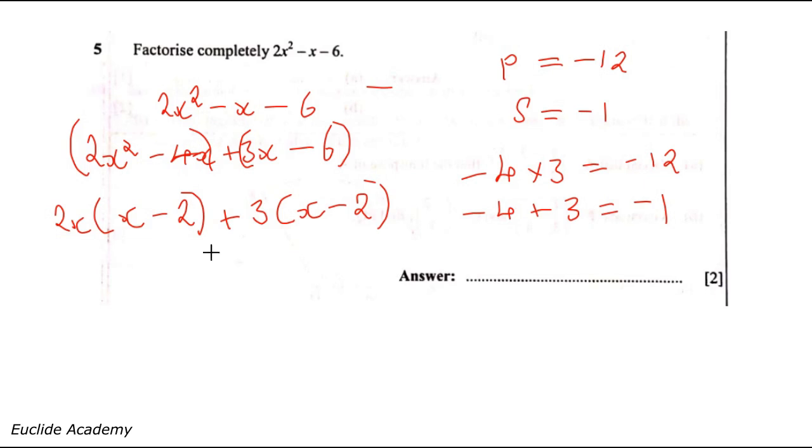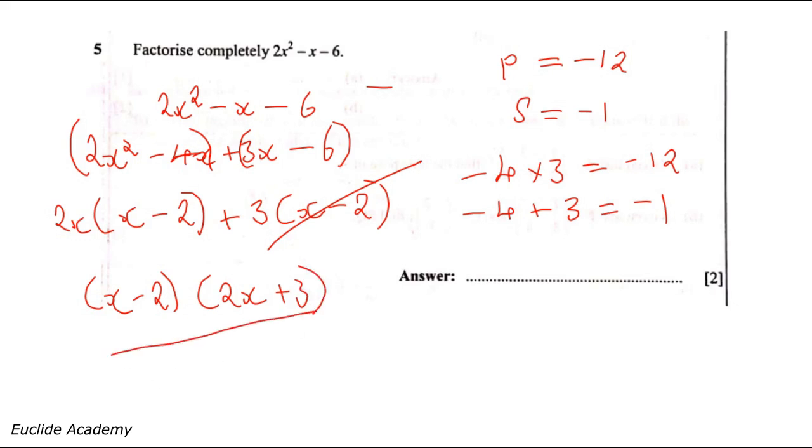So now we have got this expression where we've got the x minus 2 being common in all these expressions. So what we can simply do, we get rid of 1 and then we collect the remaining values as a single group. So we have x minus 2, and then we also have 2x as another term, plus 3.